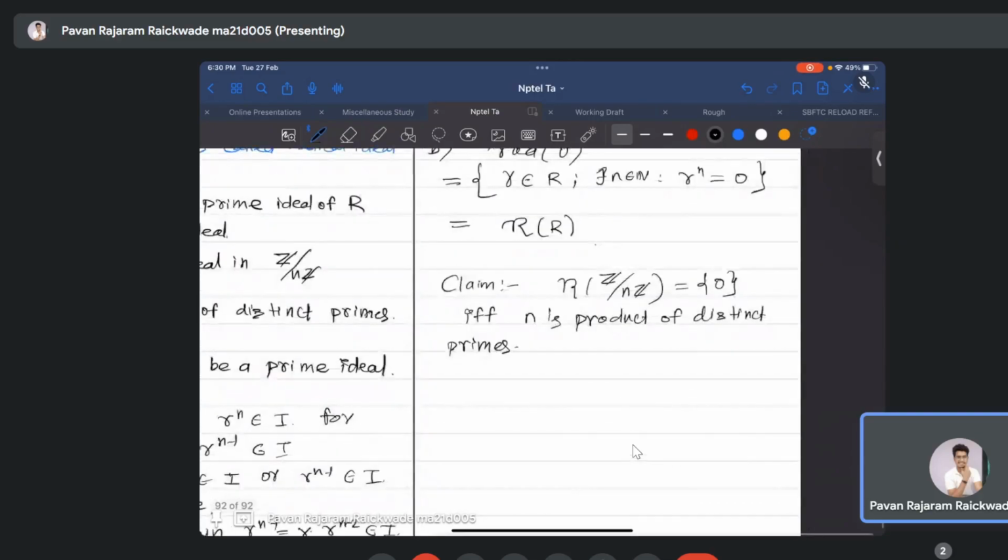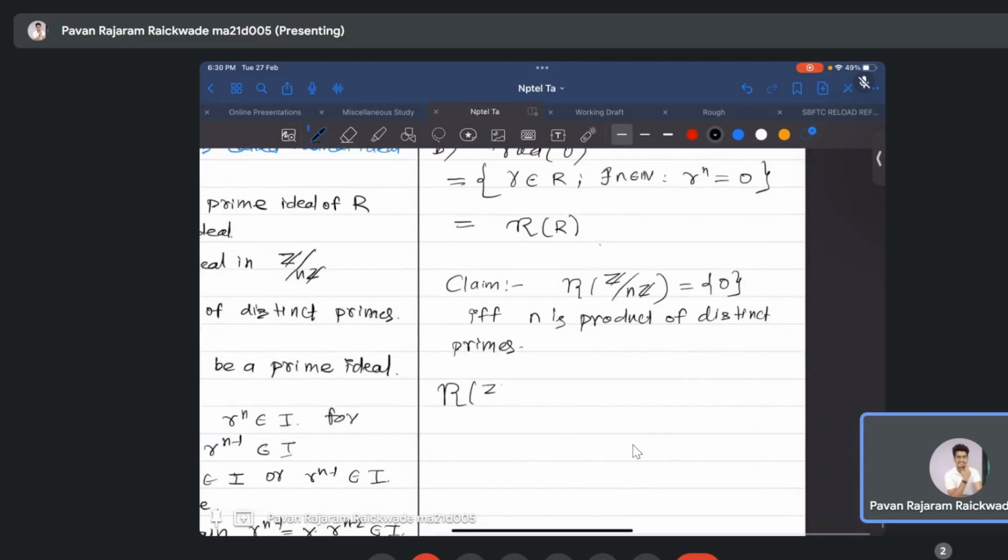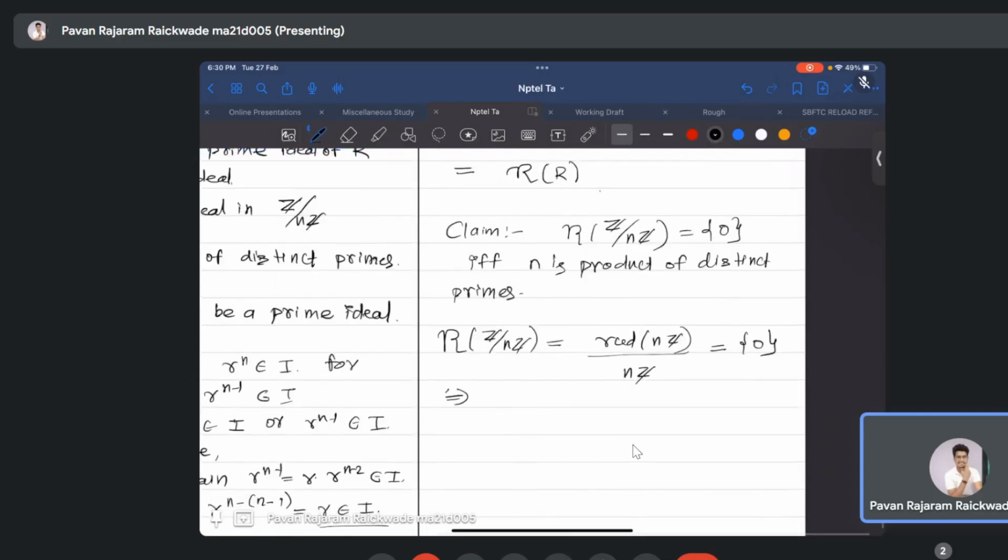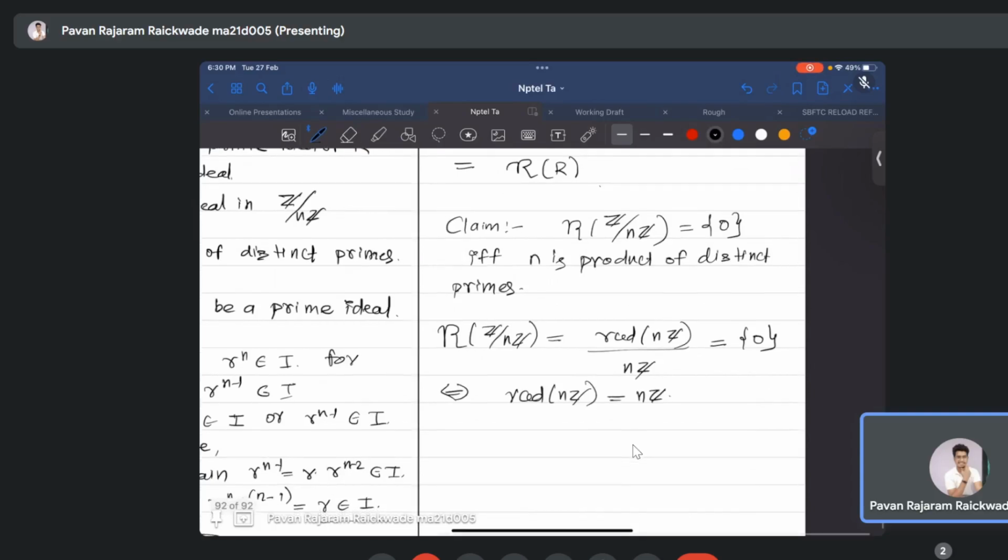But we saw earlier the nil radical of Z quotient nZ is the same as the radical ideal of nZ divided by nZ, right? So I want to show this is singleton 0, but this happens if and only if the radical ideal of nZ is the same as nZ. Okay, so what does this imply?